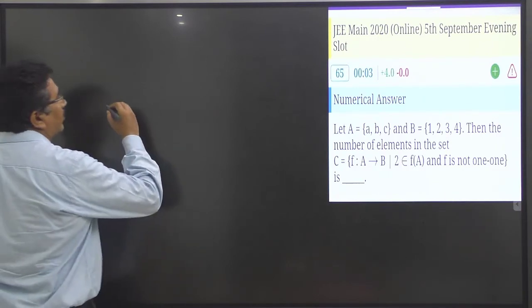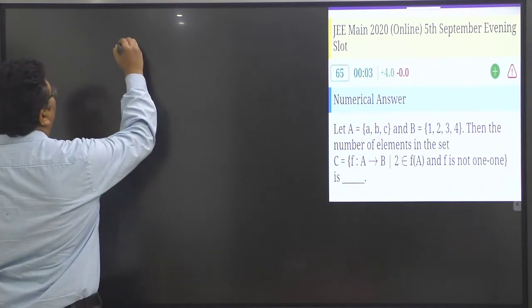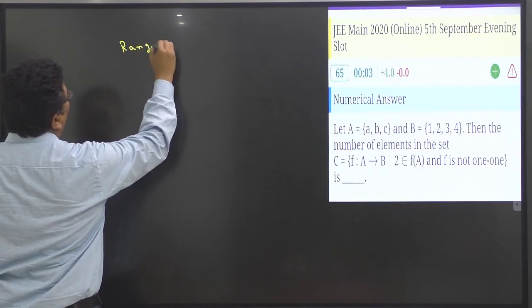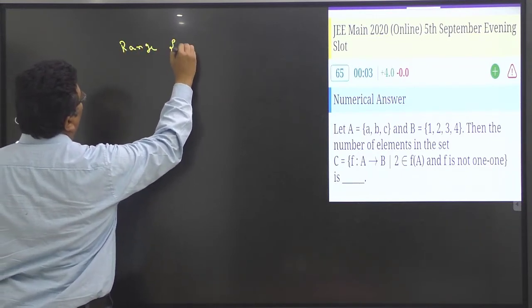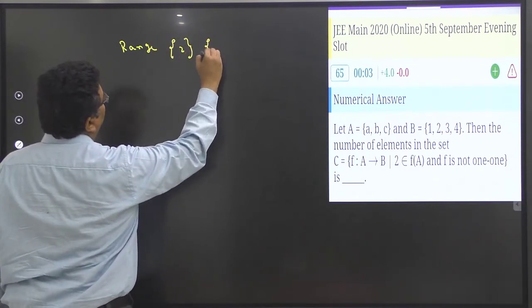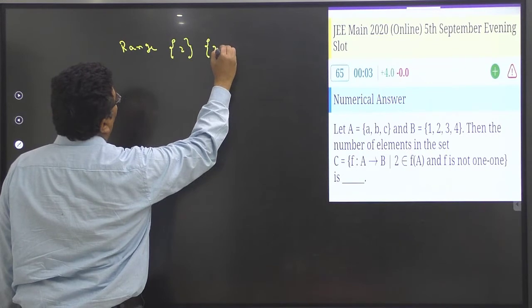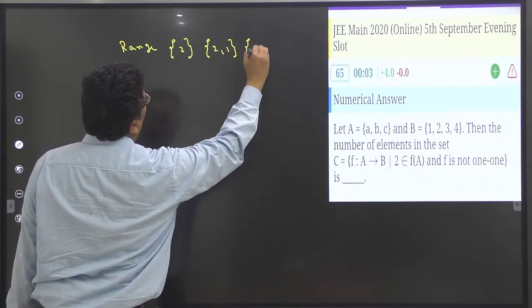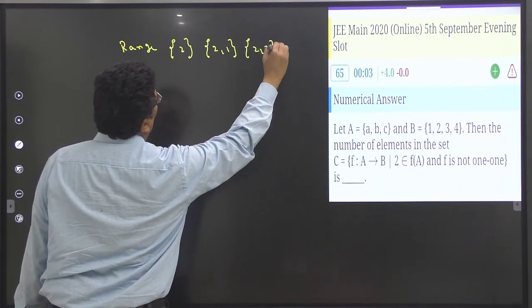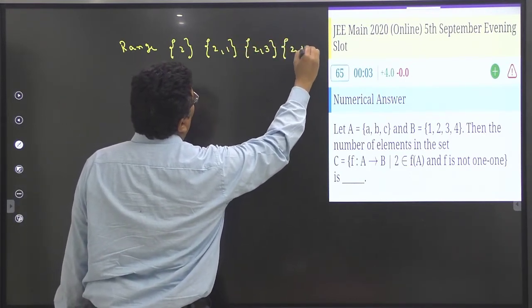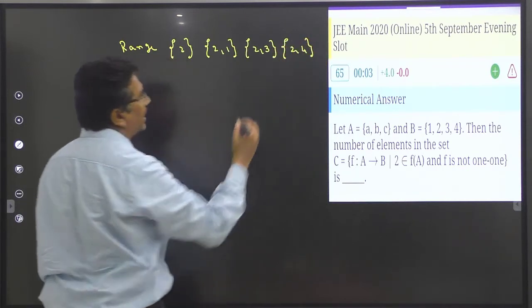Now, the possibilities of the range are the singleton set {2}, the set {2, 1}, the set {2, 3}, the set {2, 4}.